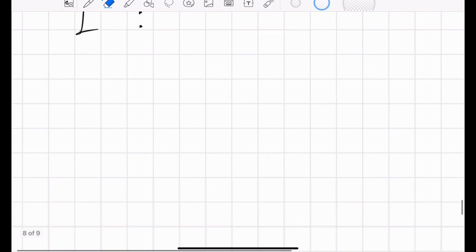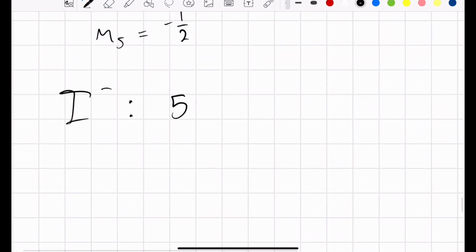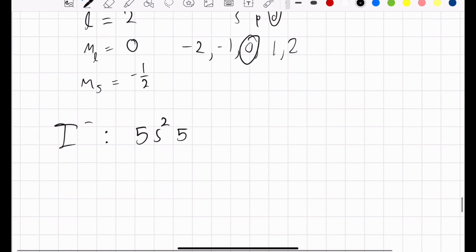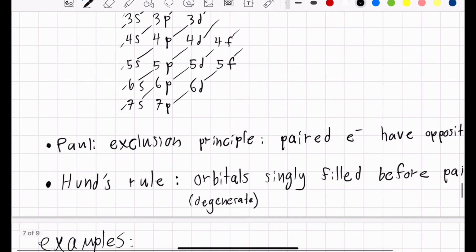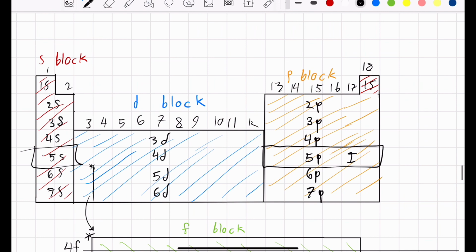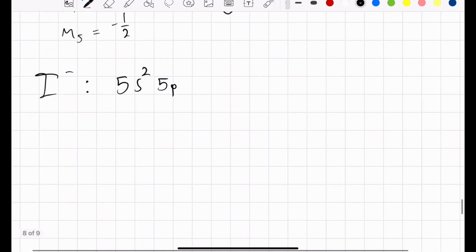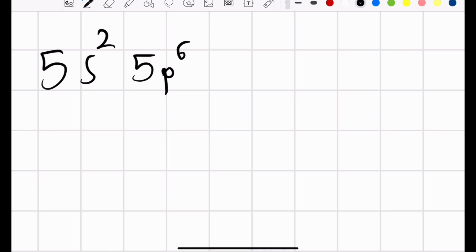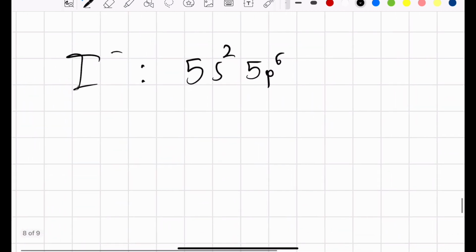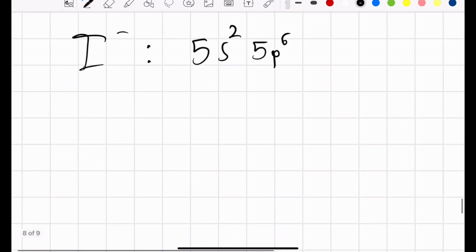So we're going to have 5s2, and we're going to have 5p, and we know that p has 6 electrons, 1, 2, 3, 4, 5, 6. It has 6 because it's an anion and gained an electron. 5p6, and that's the electronic configuration of the valence electrons for this iodide ion.